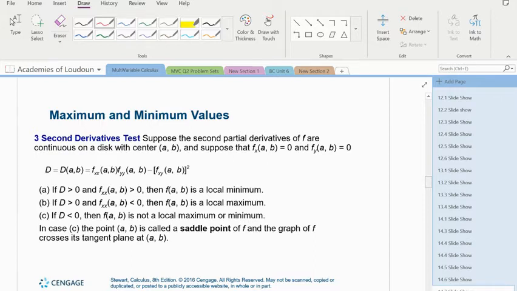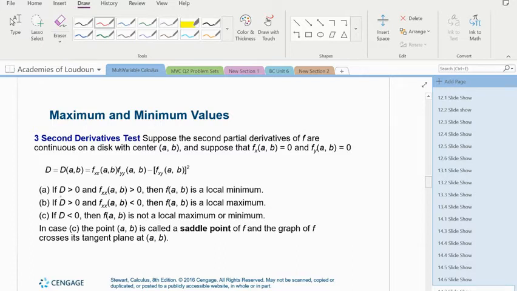We're going to define D(a, b) as the second partial of f with respect to x evaluated at (a, b) times the second partial of f with respect to y at (a, b) minus our mixed partial at (a, b) quantity squared.